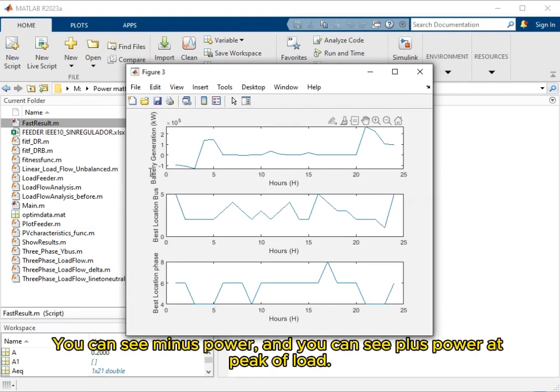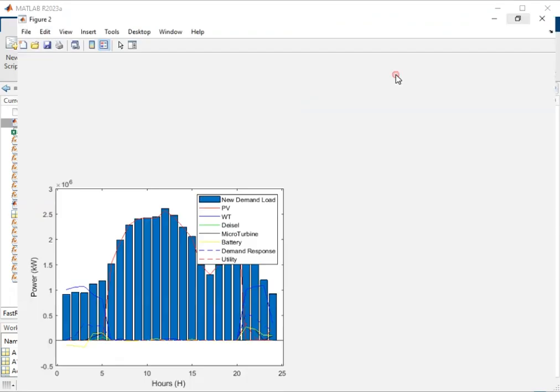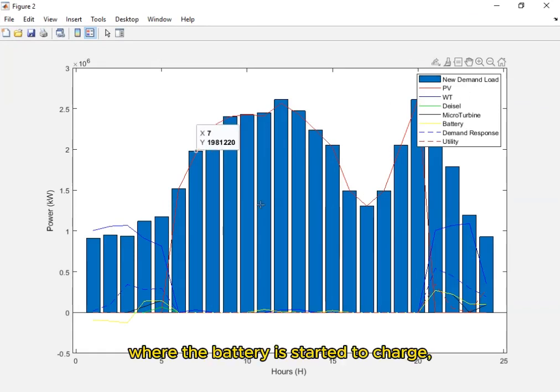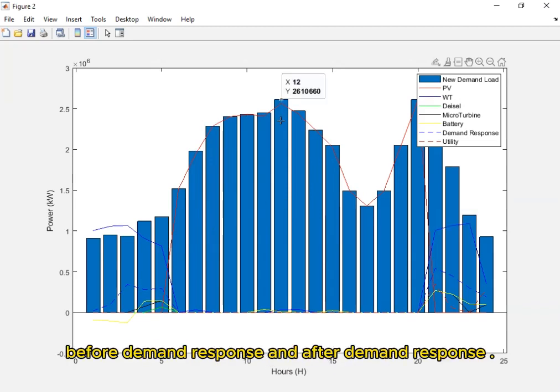You can see minus power, and you can see plus power at peak of load, where the battery starts to charge and where it starts to discharge. And you can see the generation before demand response and after demand response, for distributed generation.